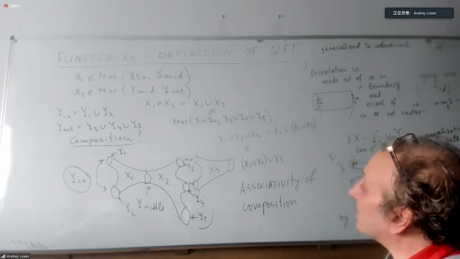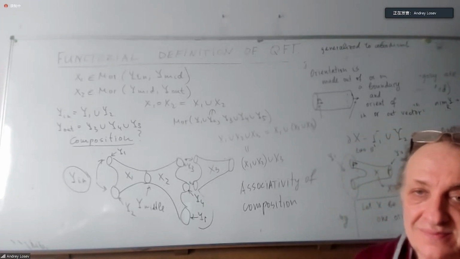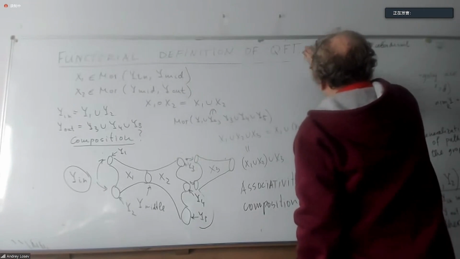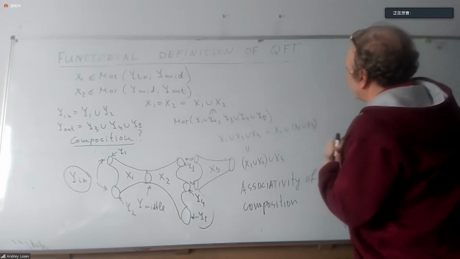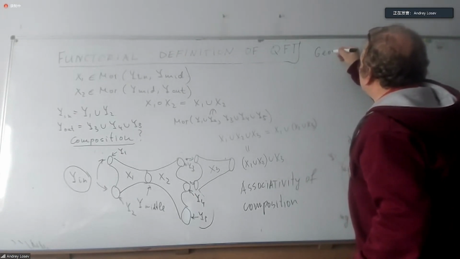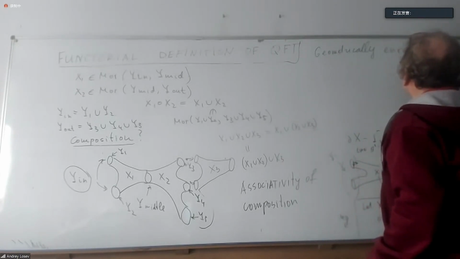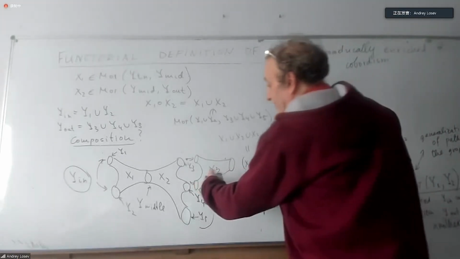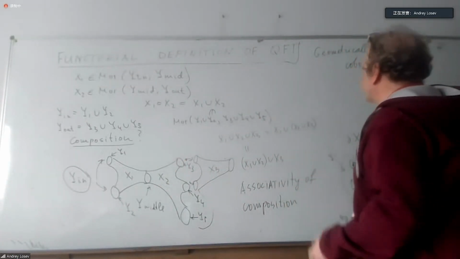Now, what else did I use in the definition? What is geometrically enriched cobordism? Some people consider X1, X2, X3 just as smooth manifolds.